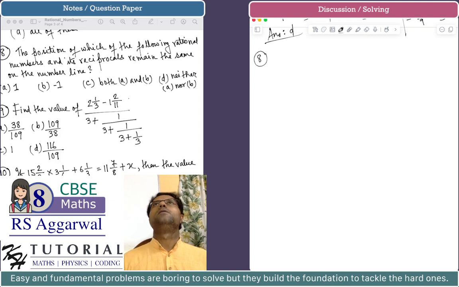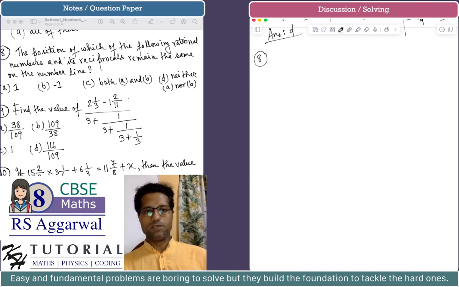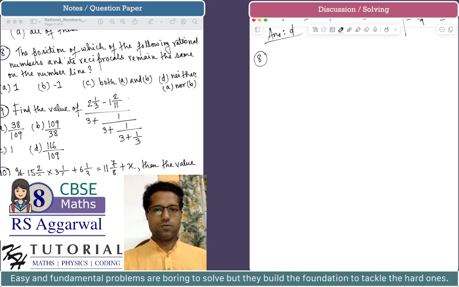That is, it is saying indirectly that which of the numbers in the given choices is equal to its reciprocal. So choice A, we see that the reciprocal of A, that is the multiplicative inverse of minus 1 of 1, is nothing but 1 only. We know that.